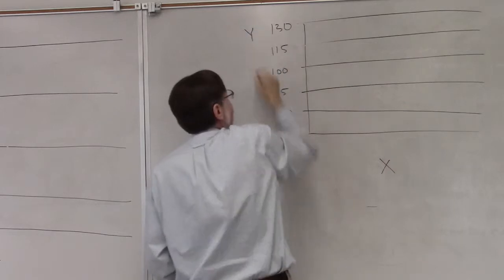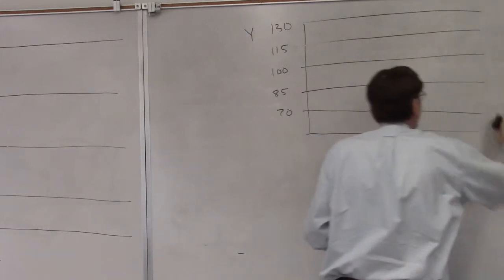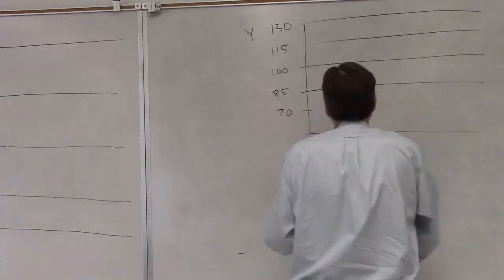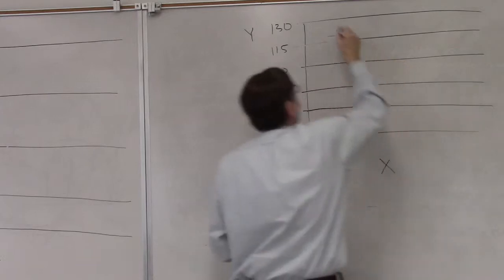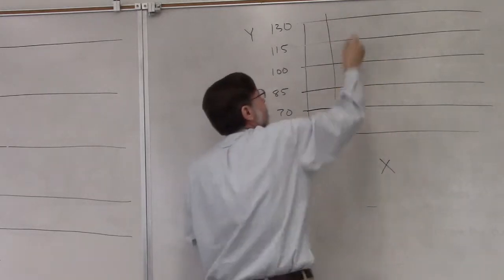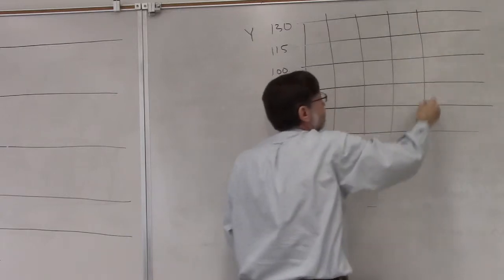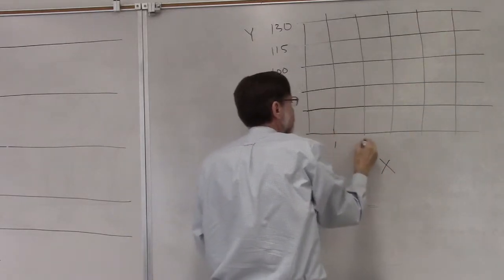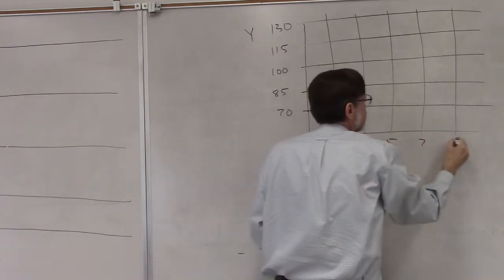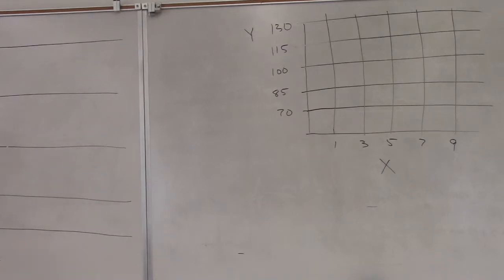So here's the values of y, here's the values of x. Now we're going to draw a scatter plot, and each case corresponds to 1 point.